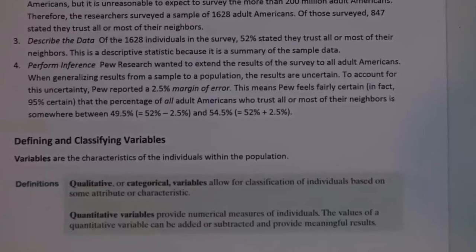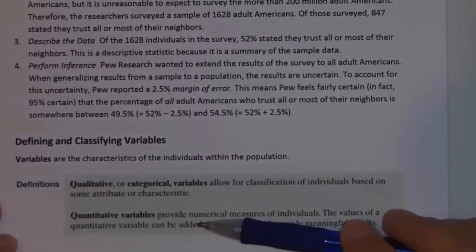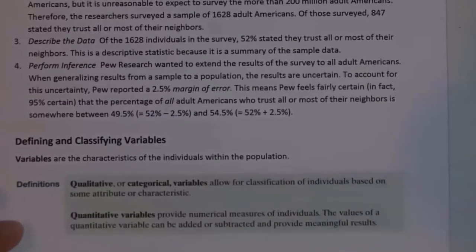If one person's zip code is 62002 and another person's is 62003, the fact that there's one difference there doesn't mean anything. So it doesn't make sense to calculate with zip codes. Quantitative variables will definitely be numeric. Qualitative variables will usually not be, but they can be.